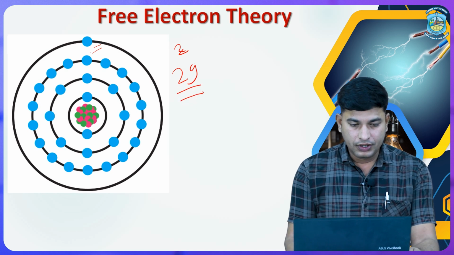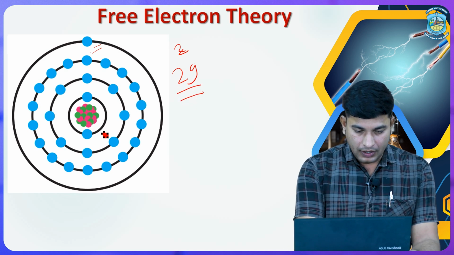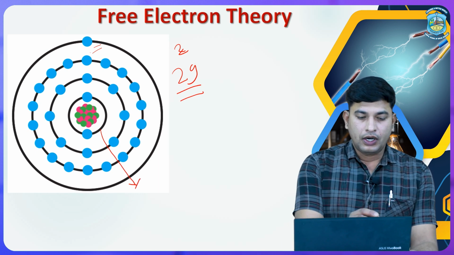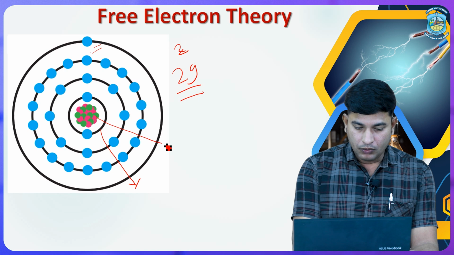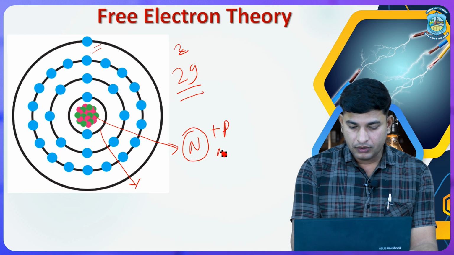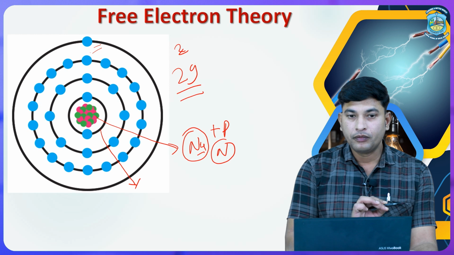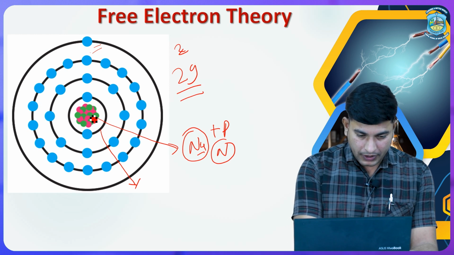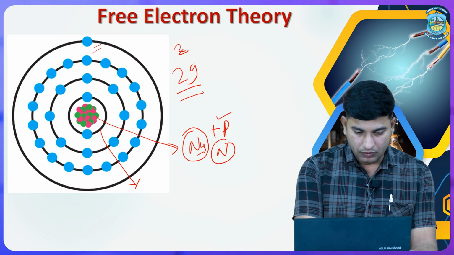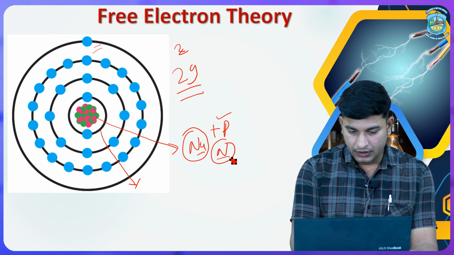For these 29 particles, these are the orbits. As we all know, in this atomic structure this is the nucleus, which has positive particles, protons, and neutral particles, neutrons. These green particles can be considered protons, while the pink particles are neutrons.